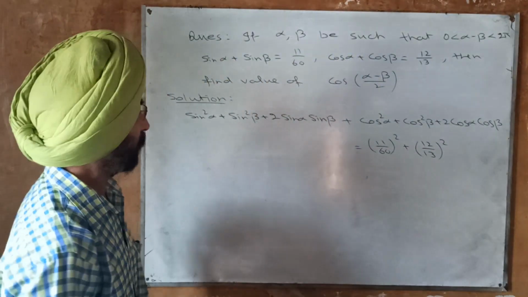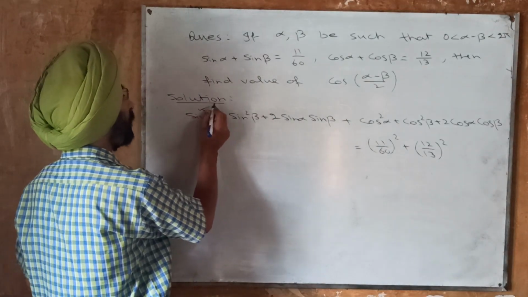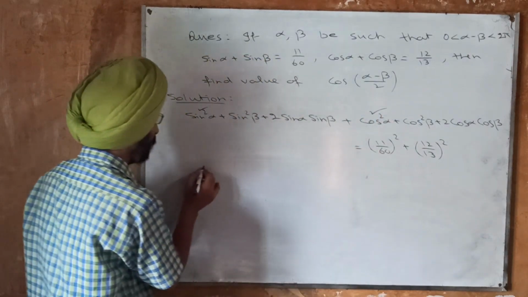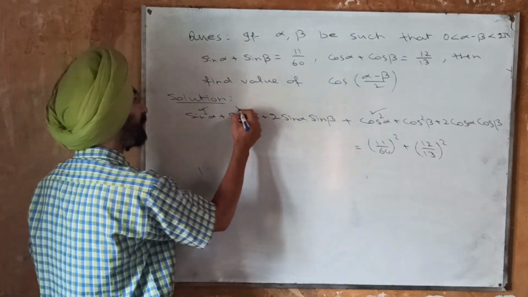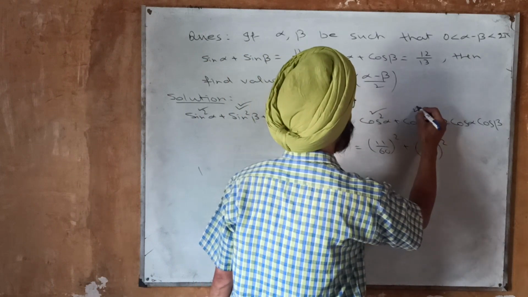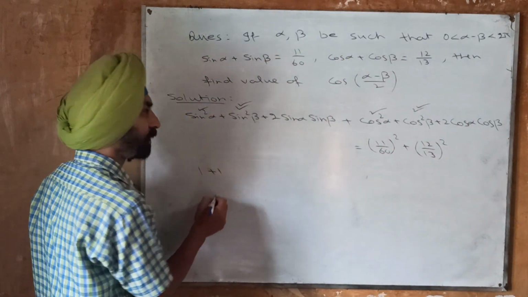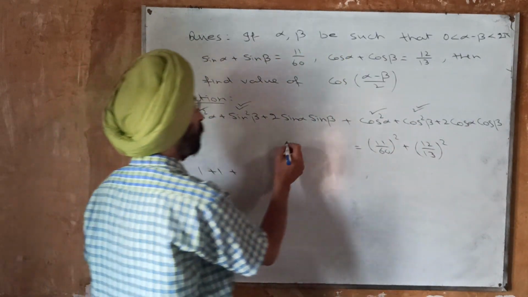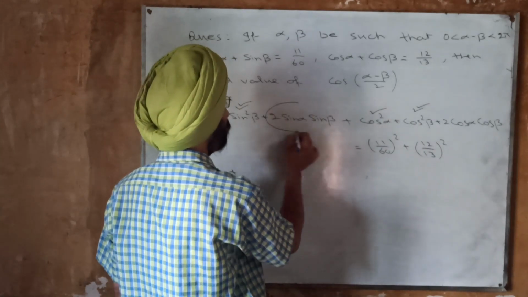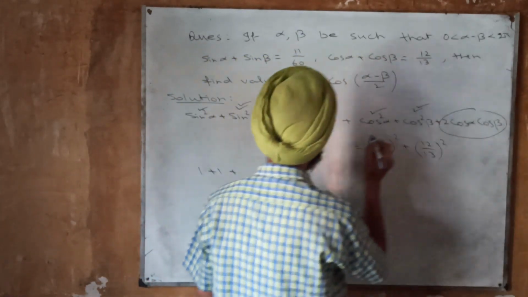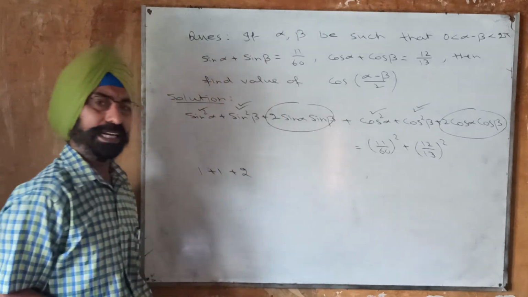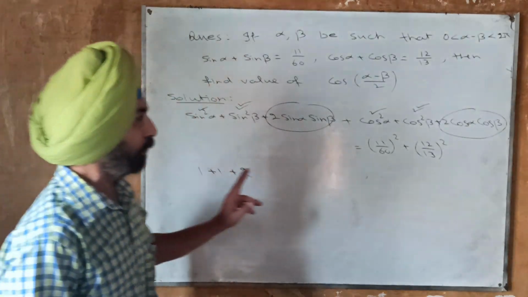Now this sine square alpha plus cos square alpha is 1. This sine square beta plus cos square beta is again 1. From these two terms, take out 2 common. After taking 2 common, what will you be left with?